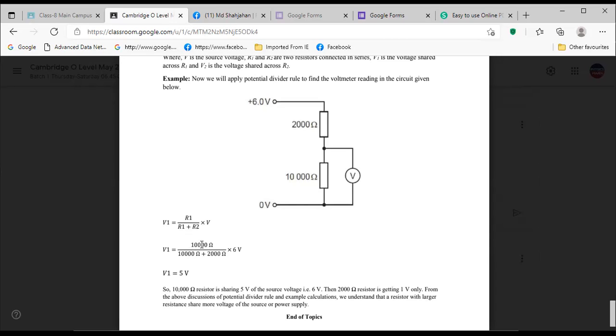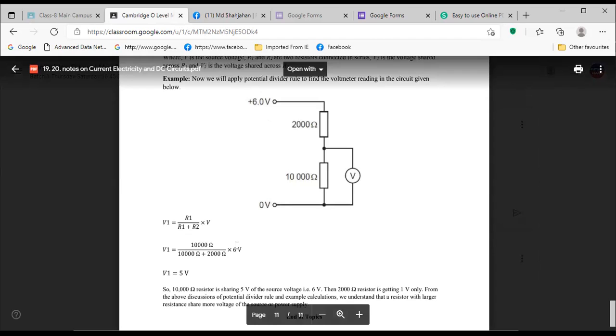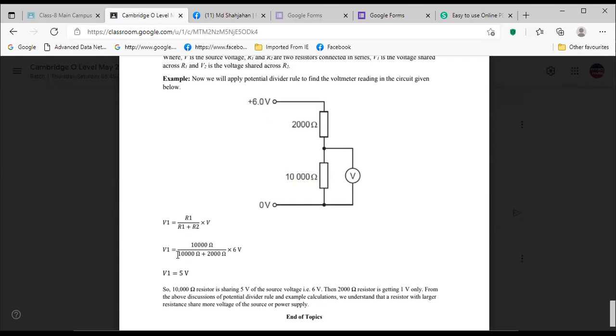Here you see we have 6 volt. Then 10,000 plus 2,000, how much? 12,000.